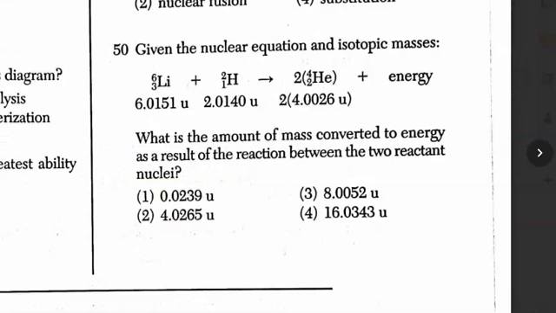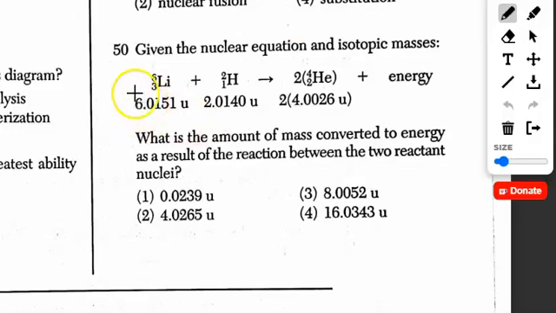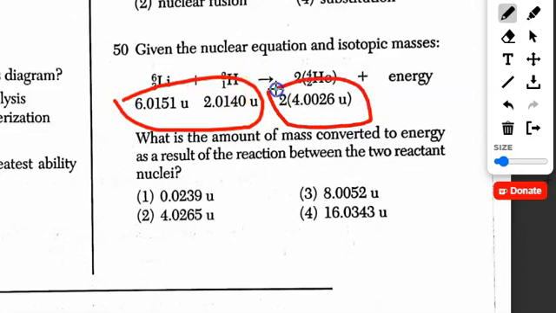For question 50, you're looking at a nuclear equation. Of course, your mass on the left is equal to the mass on the right. And normally that's the way we balance the equations. But here, we're using Einstein's E equals mc squared equation. And when I add up the total mass on the left-hand side, and 2 times the mass of the helium on the right-hand side, they're not equal.